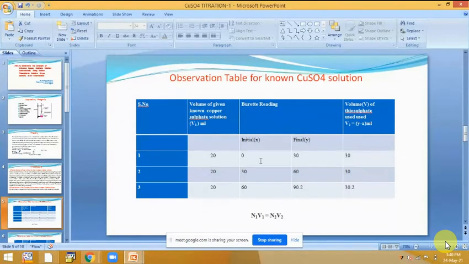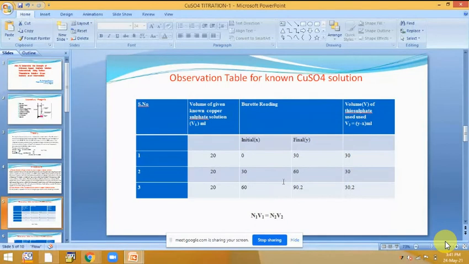Now you have to repeat the same experiment 3 times. Why? So that we get the exact value of the burette reading. Because maybe now you start the same experiment a second time. Now your burette reading starts from 30, and finally it reaches 60. Then your final reading is 60 minus 30, that is 30.